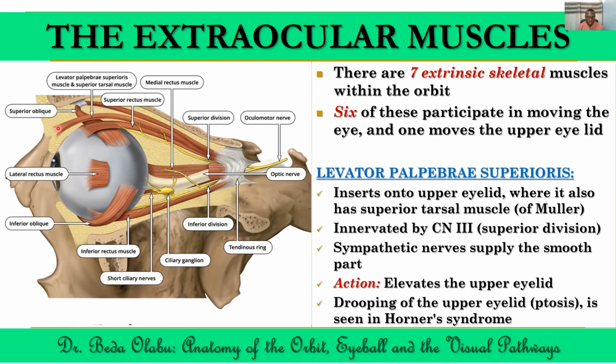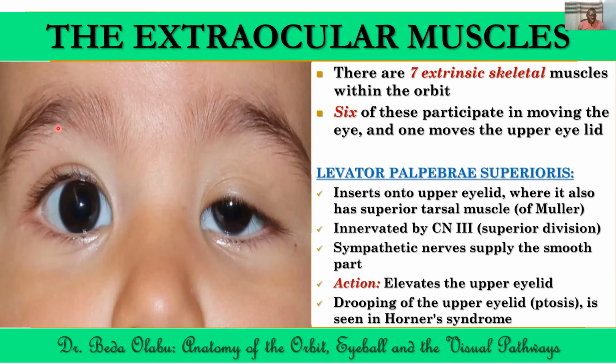Because the smooth muscle component of the muscle will be paralyzed, it means that it can't act. The upper eyelid will therefore not elevate fully. So the upper eyelid will be dropping partially. Dropping of the upper eyelid is what we call ptosis, the P silent. This image shows you someone with ptosis of the left eye.